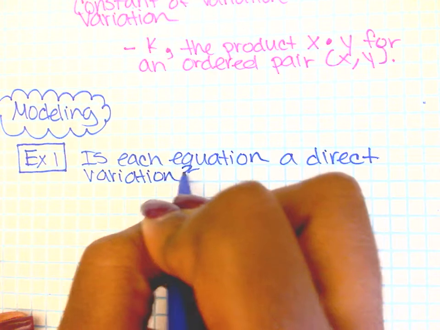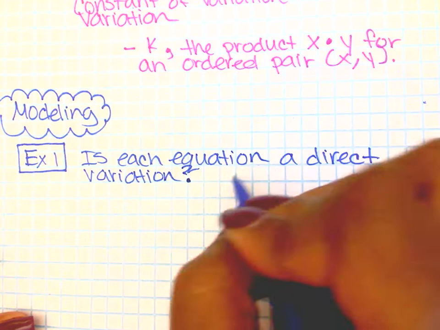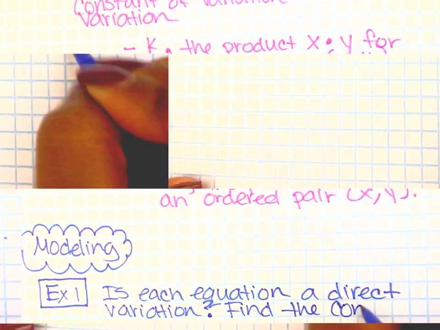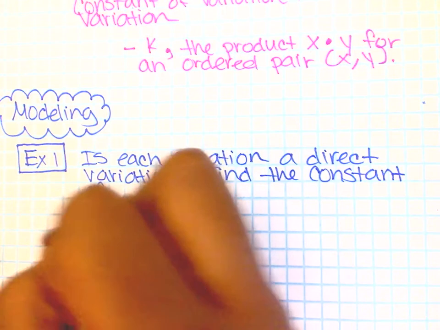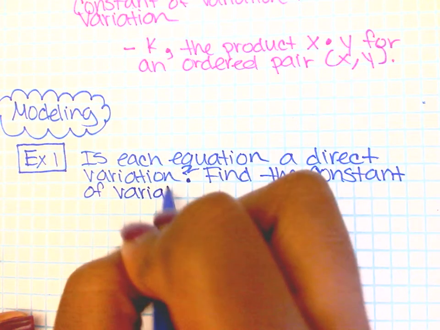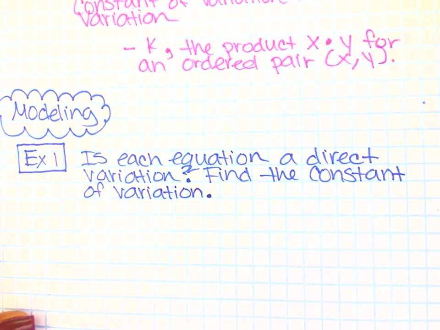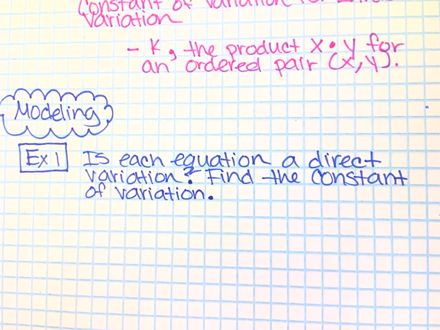Find the constant, which we know the constant is k, of variation. Once you've written down those directions, go ahead and put your pencil in the air.